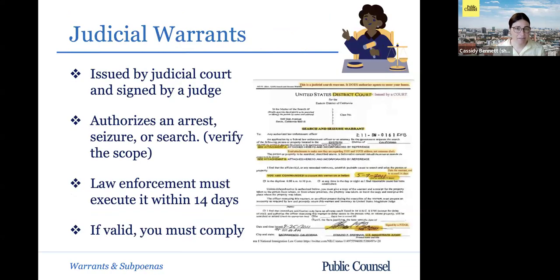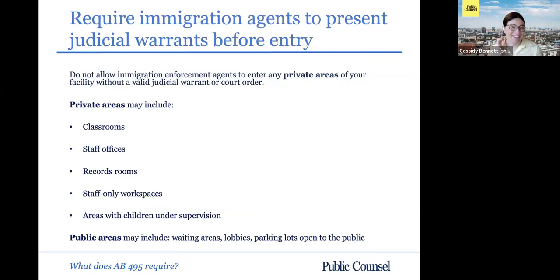A public area, oh, sorry, one more on this slide. Thank you. A public area may include your lobbies, waiting areas, a parking lot that's open to the public. Think about, like, if you go to the doctor's office and you're just sitting in the waiting area before you're taken back.